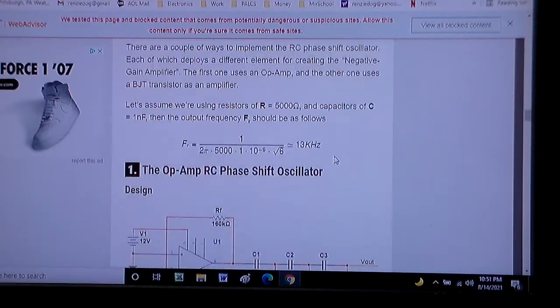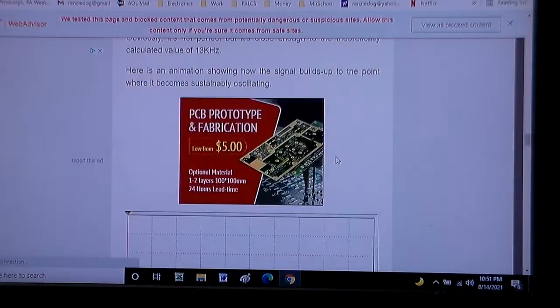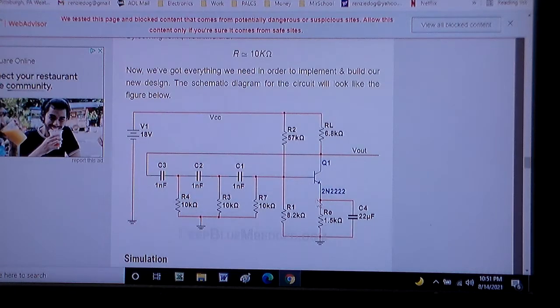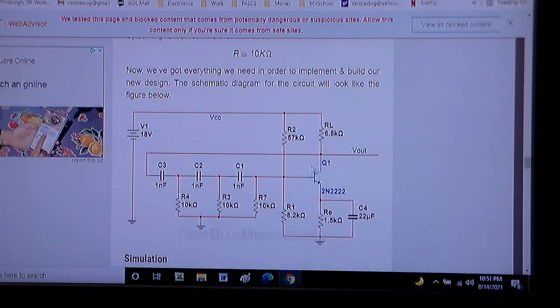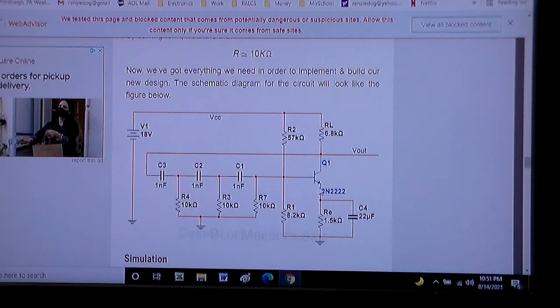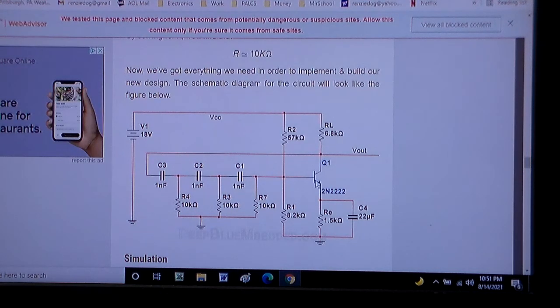But I'll show you the circuit that I built, and here it is right here, and here's the NPN, and that's a not P and N. The little arrows pointing out or not pointing in, because the PNP was calling peeing in the pot, but this is not pointing in, NPN.